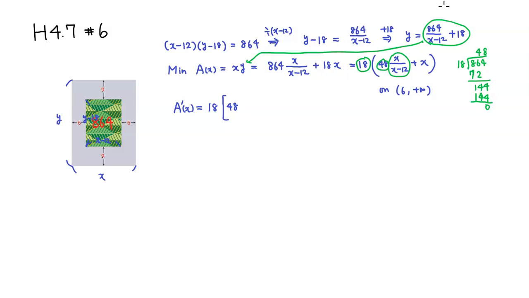So we square the denominator, x minus 12 squared, and the derivative of the top is 1 times the bottom, so you have x minus 12, minus the top, which is x, times the derivative of the bottom, which is 1.